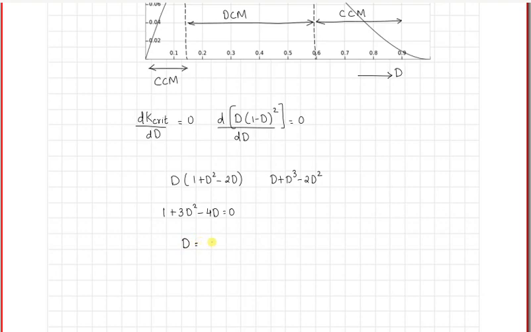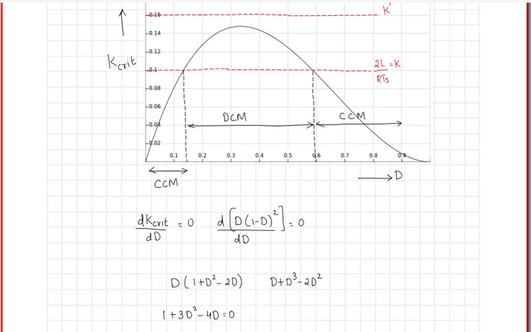So d is minus b, which is 4 plus or minus root of 16 minus 4 into 3 divided by 2a, which is 6. So what you get for this d is two values, that is one is d equal to 1 and 1 by 3 are the solutions.